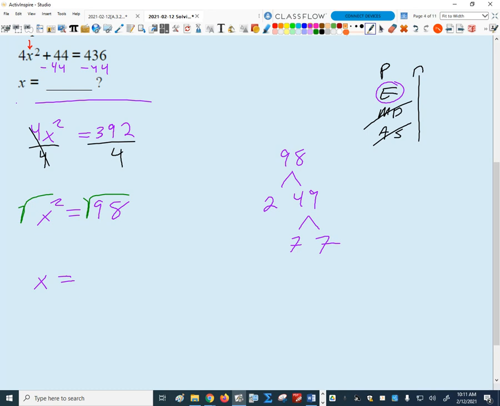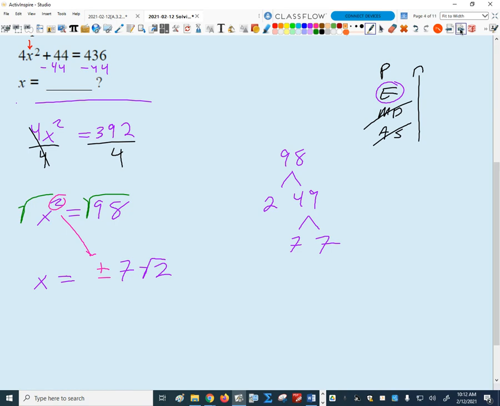So we know we're going to get a 7 radical 2, but I have to include that plus or minus, right? Because I square rooted both sides to solve an equation. So I have to include that plus or minus. Everybody get that? So I get two solutions out of this. Positive 7 radical 2 or negative 7 radical 2. Okay? But give me a 1 to 5 on that. Does that make sense? Okay?